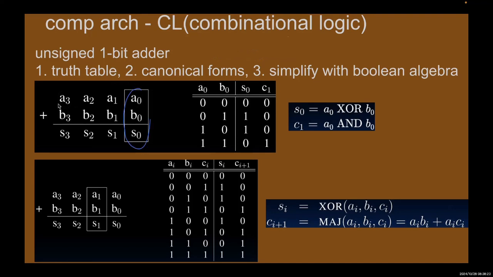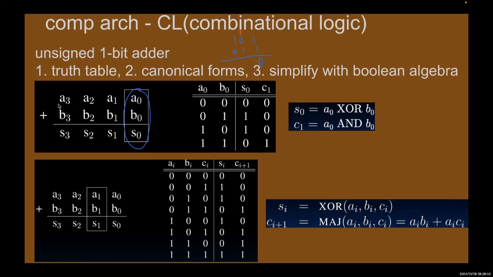The first bit is the least significant bit, or just the lowest bit. For the lowest bit, we have 1 plus 1, and you write the carry to the next bit.